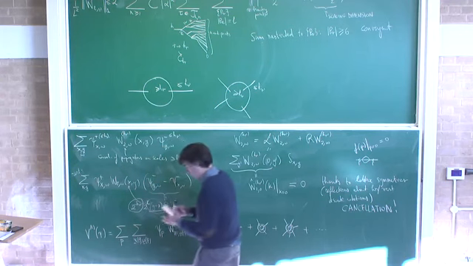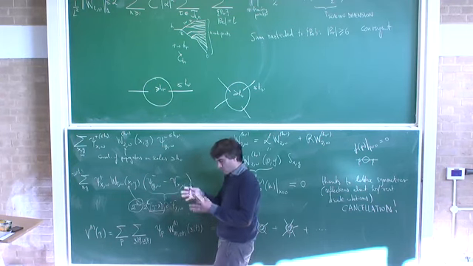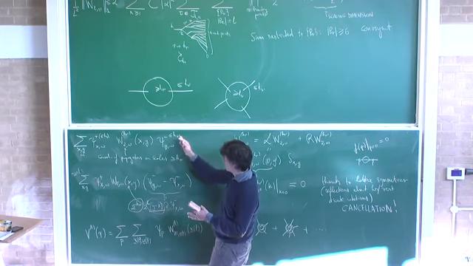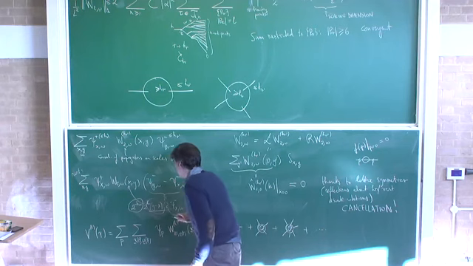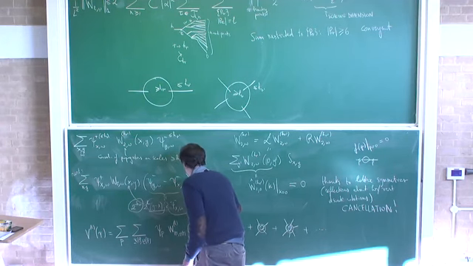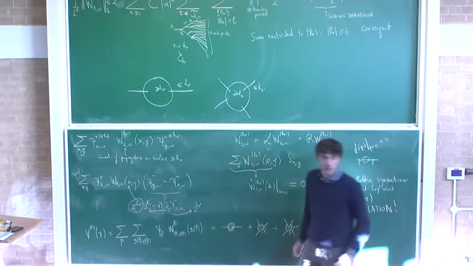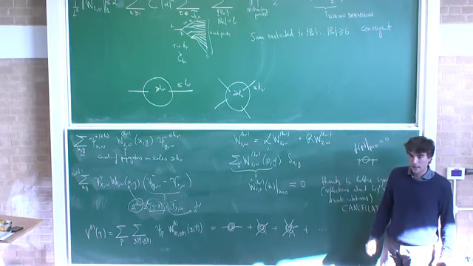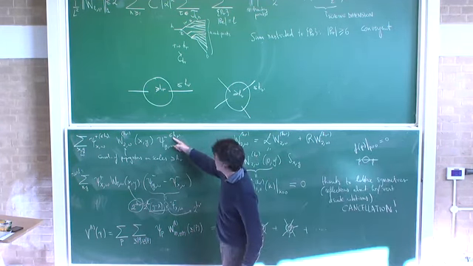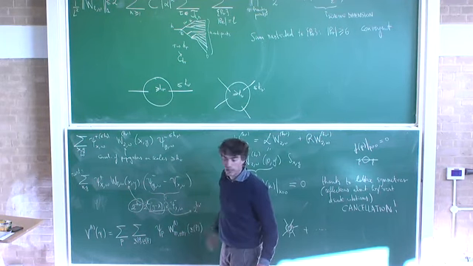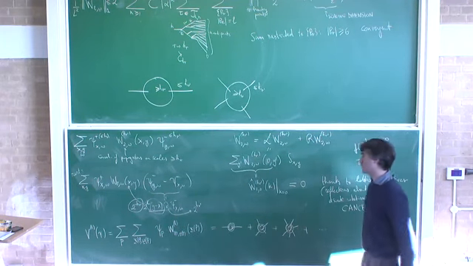In particular, it lives on scale 2 to the h_v prime, so when you differentiate, you pick up a factor 2 to the h_v prime. I'm using the scaling properties of the propagator that I discussed in the previous lectures.